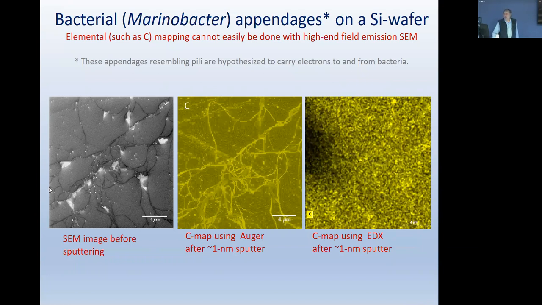So here is an image of them. Here is the carbon map. This is using X-rays. We use 10 keV. And there's no evidence of mapping here because 10 keV goes right through a couple nanometer thickness of this, doesn't generate any X-rays, so you cannot image it. But OHJ being surface sensitive, you can see we can map any element you want.